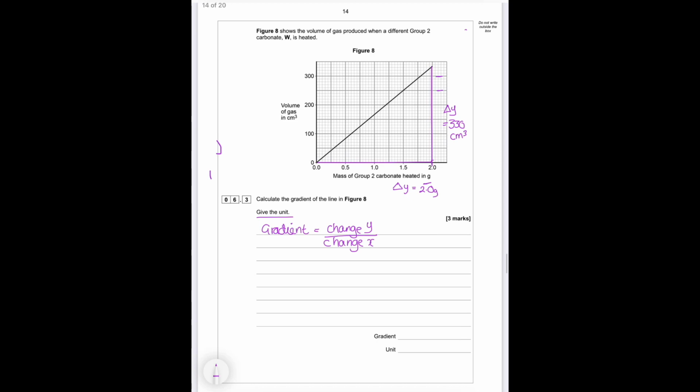So if we put that into our calculation, change in y is 330 centimeters cubed divided by our change in x, which was 2.0 grams. The gradient works out at being 165, and if we're going to work out the units, we can see we've got centimeters cubed divided by grams, so that's going to be centimeters cubed per gram.